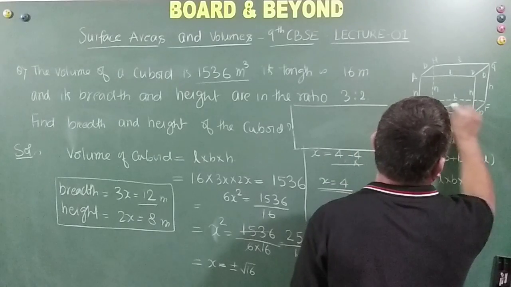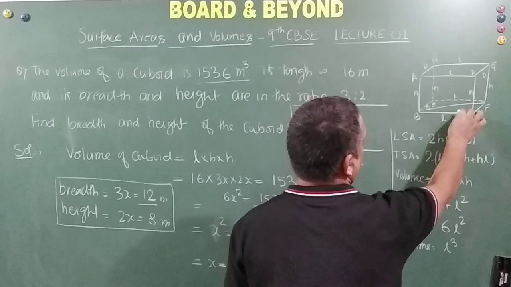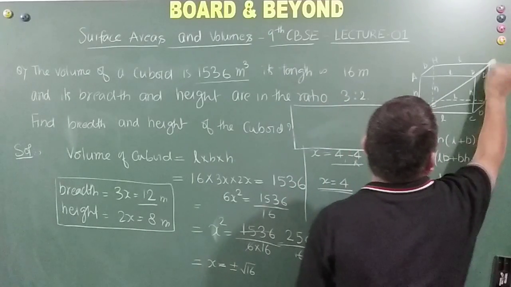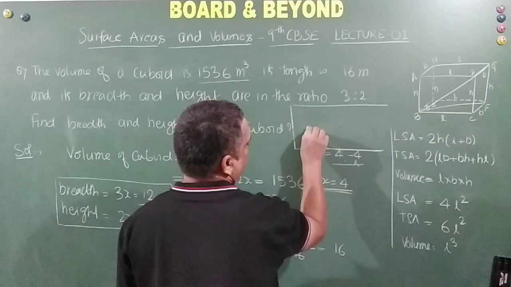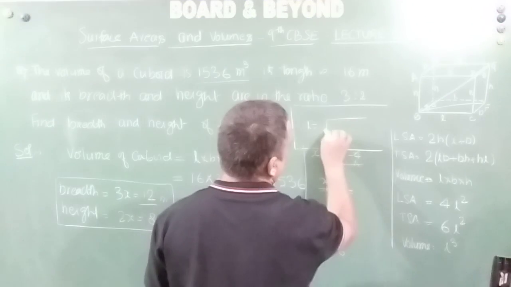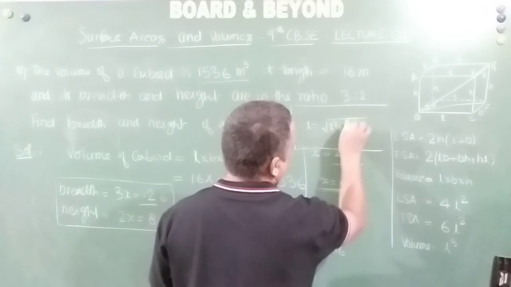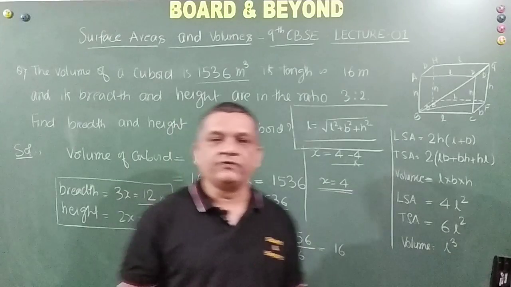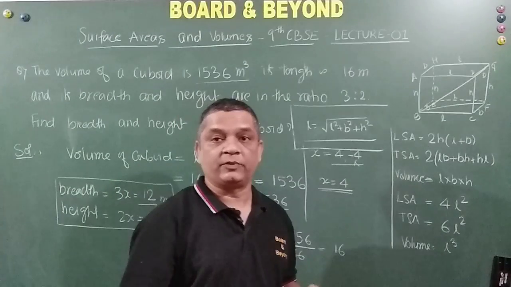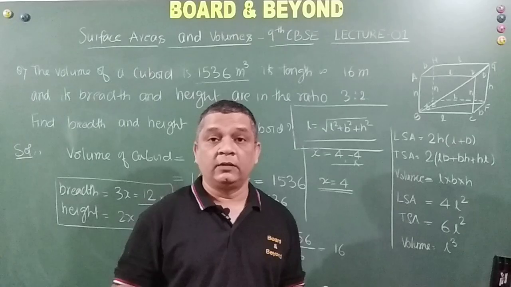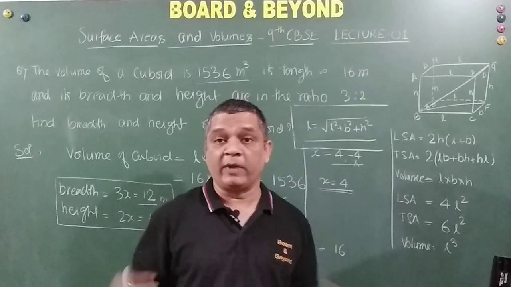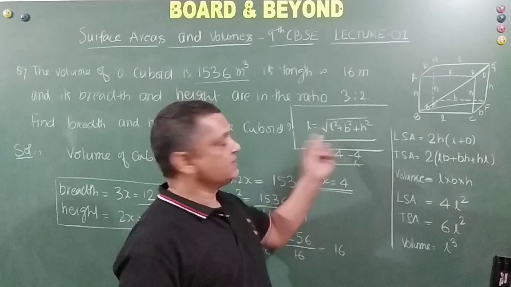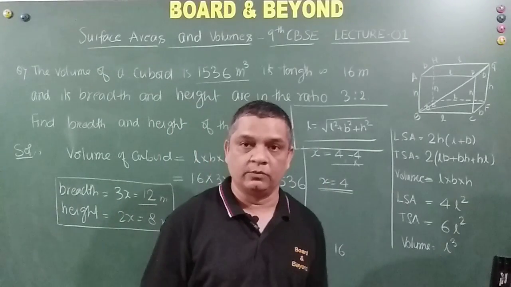So this is square root of L square plus B square, and I am talking about this, and this is H square. So L is equal to the square root of L square plus B square plus H square. So friends, this is what happens when you actually know the underlying concept. You can basically come back, but if you have just simply remembered it or learned it by heart, you will not be able to come back. Okay, so this is the maximum length of the rod which can be fit in that room, right friends?